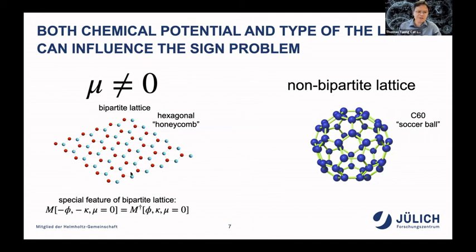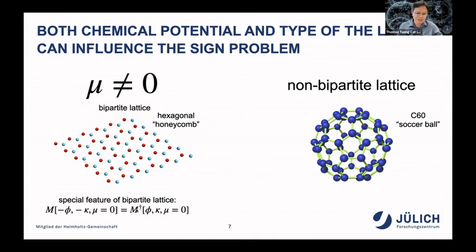An interesting feature of the bipartite lattice is that if you had no chemical potential, if it was 0, it turns out that the second fermion matrix, the second species here, is equal to the dagger of the first fermion species, which means that it is always positive definite. And so such a system at 0 chemical potential is really amenable to lattice stochastic calculations. And this is what we do when we try to simulate graphene, large scale graphene and so forth.